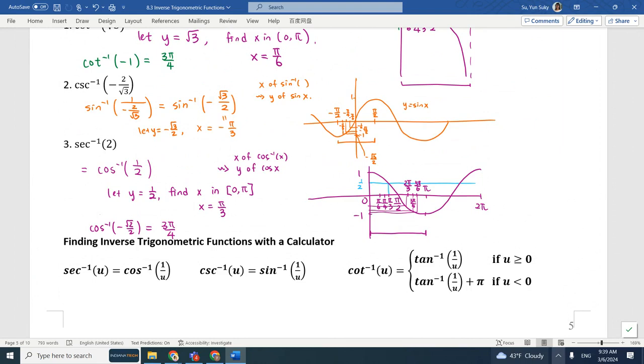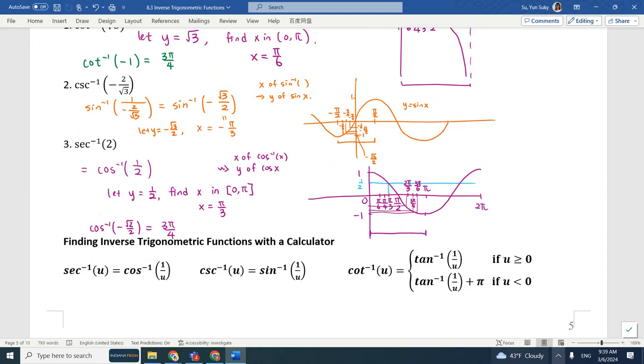Your calculator only has a sine, a cosine, and a tangent. You don't see a secant, a cosecant, or a cotangent. Right, everybody? Do you realize that? So in this case, if you can use your calculator, you're going to express everything in terms of arc cosine, arc sine, and arc tangent.